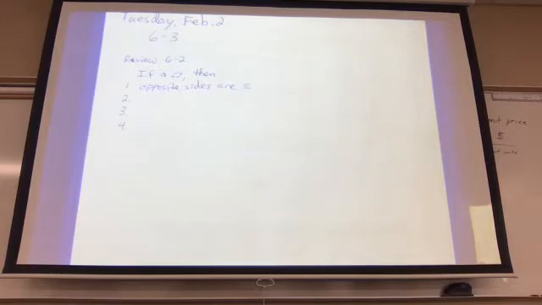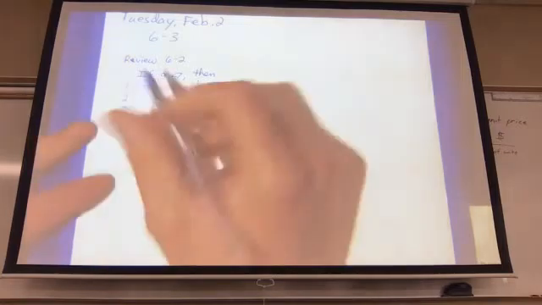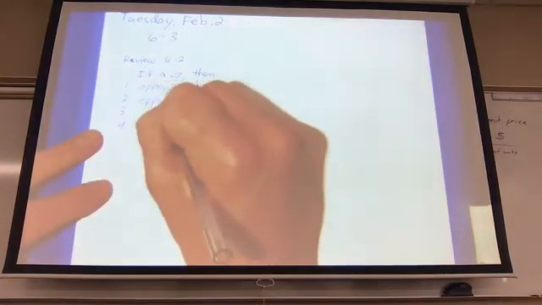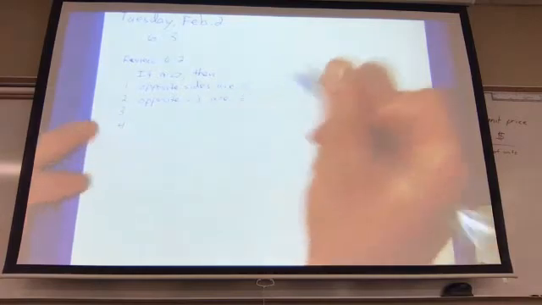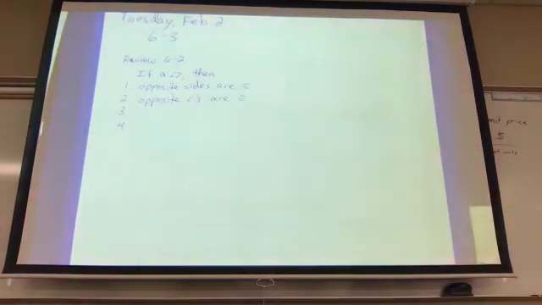Opposite angles, yes, that's what we want there. Opposite angles will be congruent. And if you remember, opposite angles are kind of diagonal from each other, diagonally across the parallelogram. So we got opposite sides are congruent, opposite angles are congruent. There are 2 others.